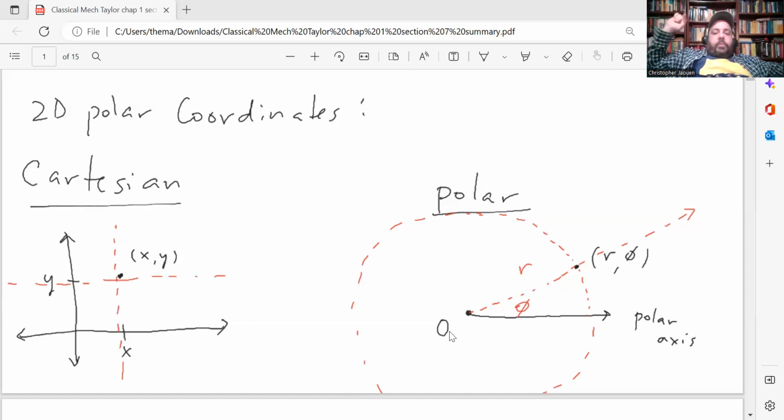All right. So if we take the intersection of that circle with that ray, then we can write down the coordinates of that point. It has coordinates r comma phi.